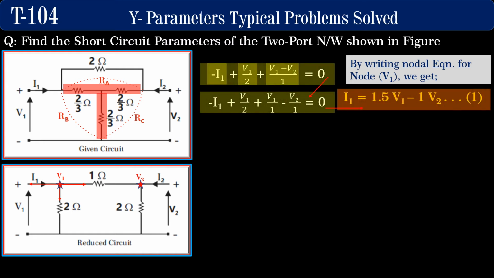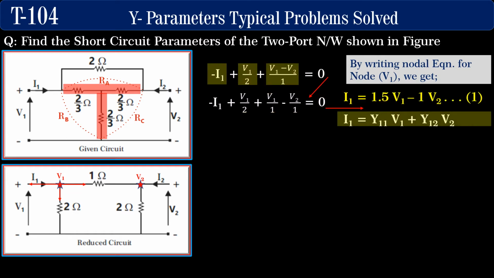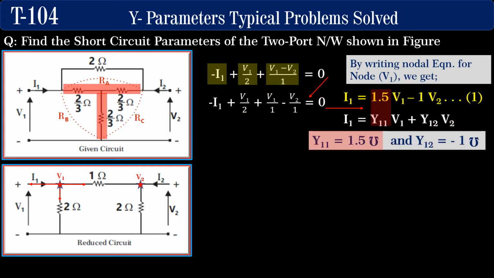By solving this simple equation, we get I1 is equal to 1.5 V1 minus 1 V2. By comparing this equation 1 with the input port equation in terms of Y parameters, we get Y11 is equal to 1.5 mho and Y12 is equal to minus 1 mho.